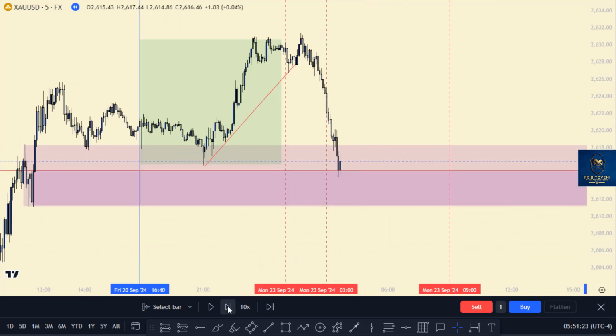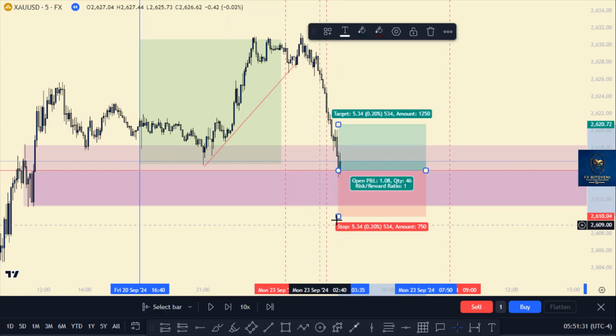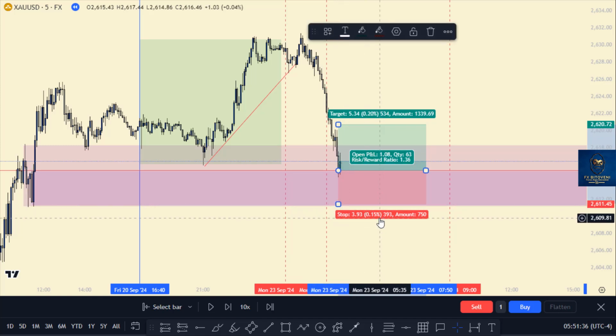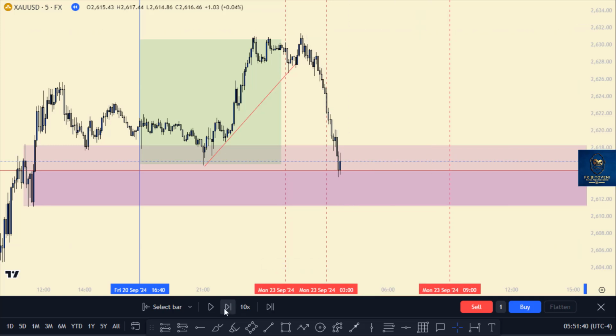Now look, you can still buy here, but remember it is around 40 pips of stop loss, which is too big. Now wait, look, we are going to look for an engulfing candle here.